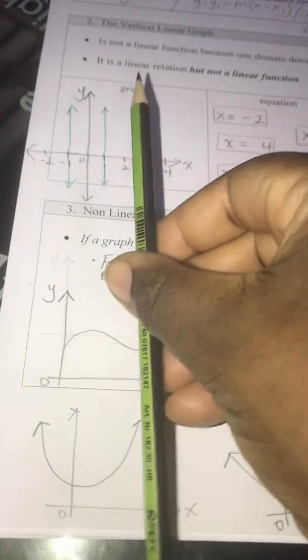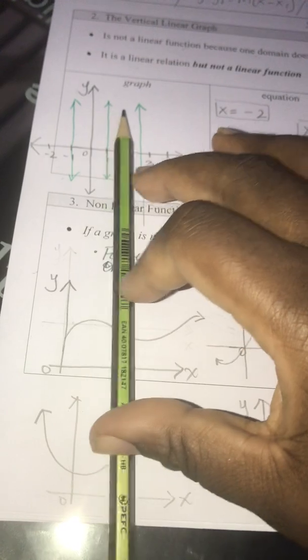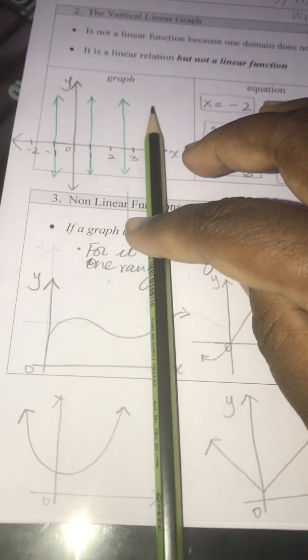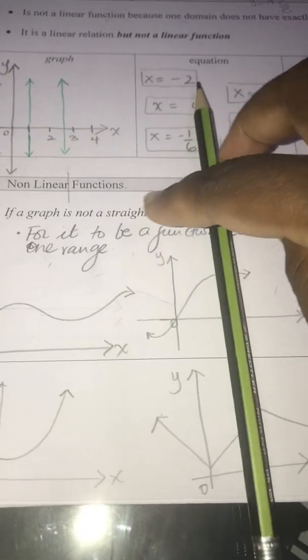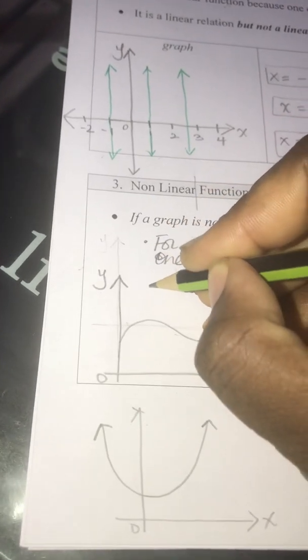And if you do the vertical test, it passes the vertical test. So that's also another way to know if a nonlinear graph is a function. It must pass the vertical test. Here, write it.